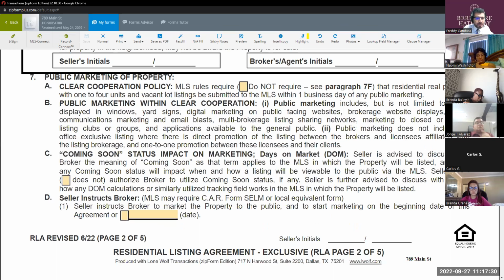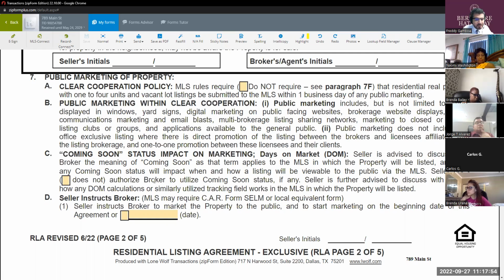Now, coming soon status impact on marketing, days on the market, DOM. Seller is advised to discuss with broker the meaning of coming soon, and that term applies to the MLS in which the property will be listed, and how any coming soon status will impact when and how a listing will be available to the public via the MLS.